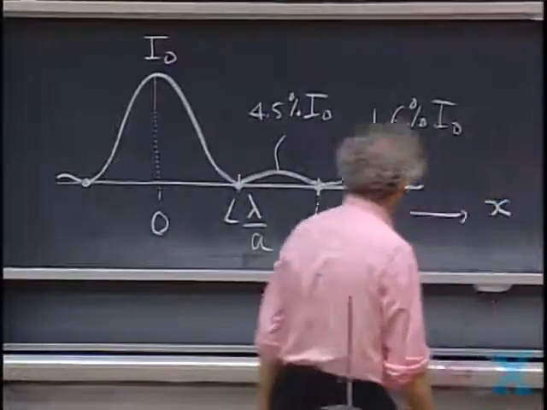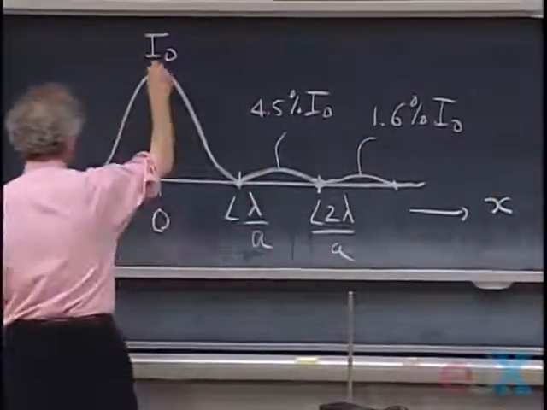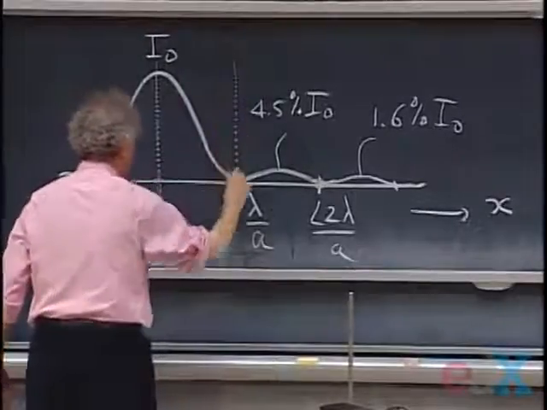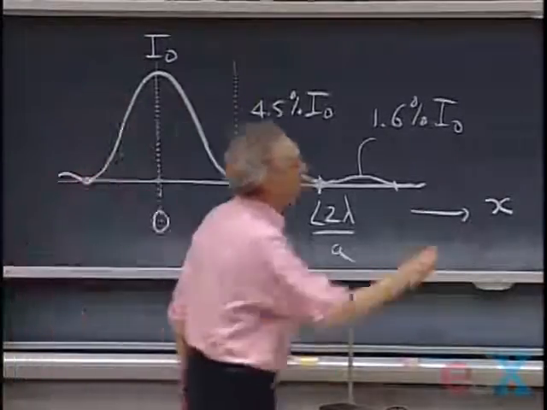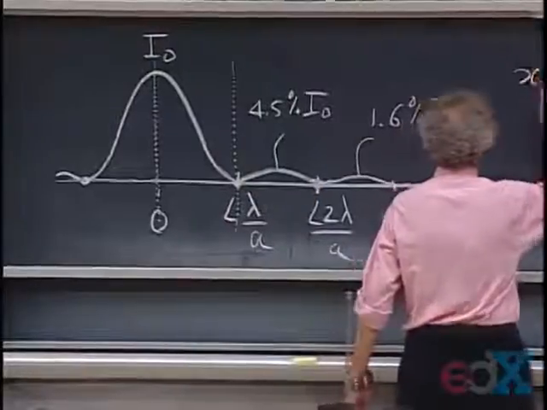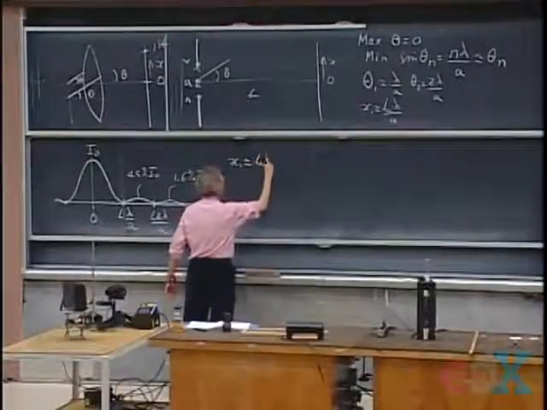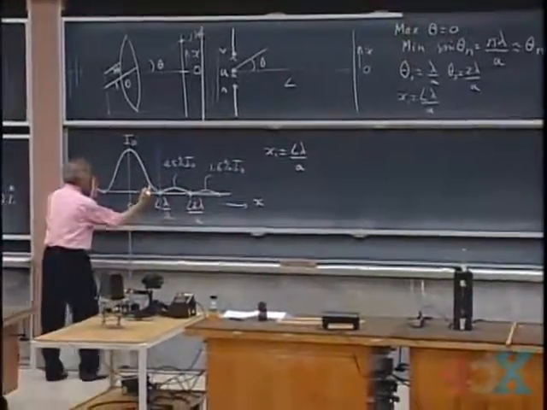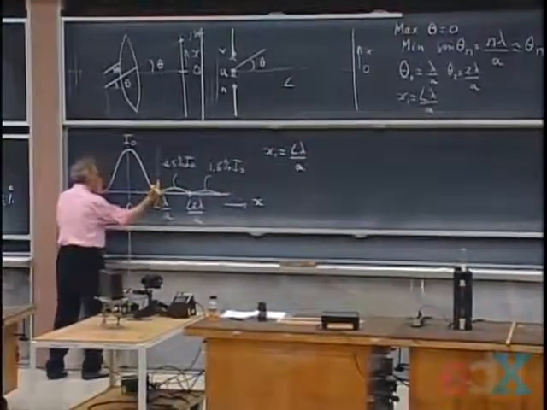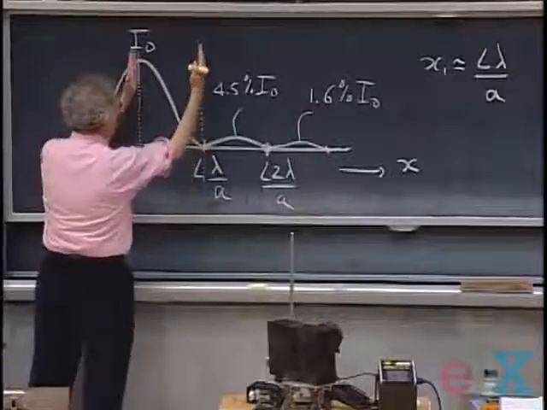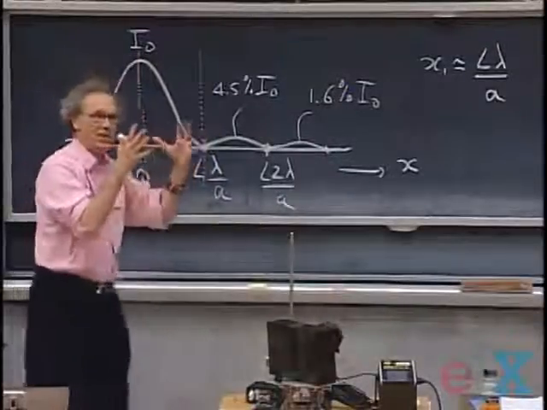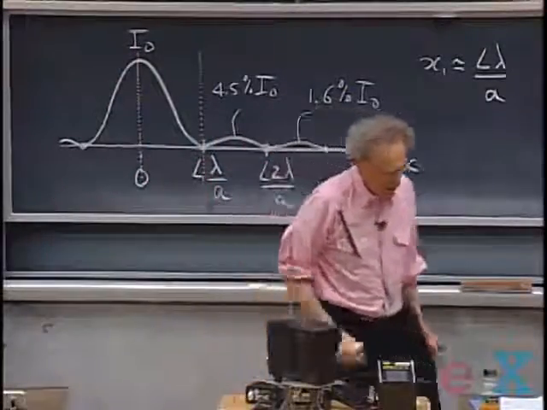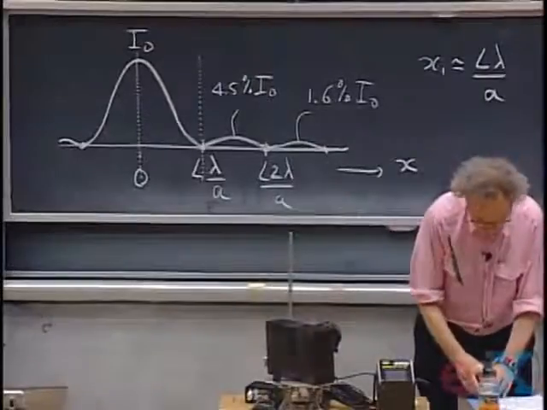And so the width of this center maximum, this width, which is really x1, that width is then L lambda divided by a. And if you want to be picky and you say, well, the center maximum is really twice that much, fine, be my guest. But this is clearly a measure for how wide that center spot will be when you see it on a screen.